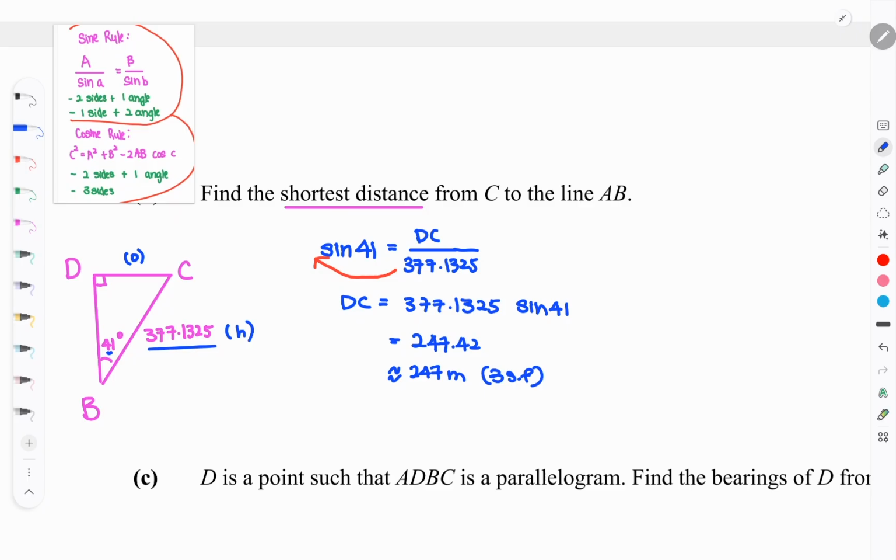The next part, I think, is common. It comes out quite regularly, but it's slightly hard.